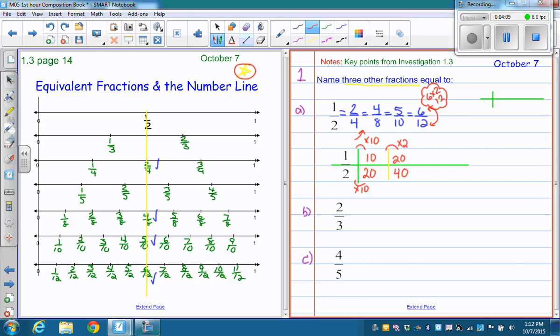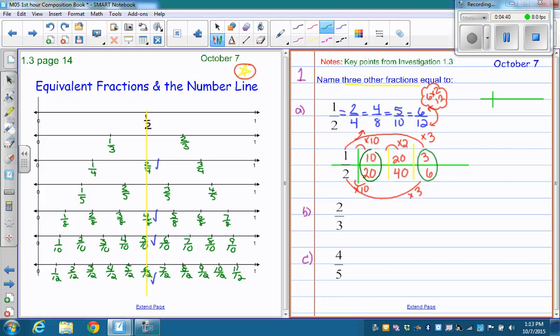And just to practice those ratio table skills, don't forget that you could go back to the original column and maybe triple. And so we would get 3, when I triple down here, 6. That's another fraction equal to 1/2. And then the last skill I want to have you continue practicing is you can also add columns.